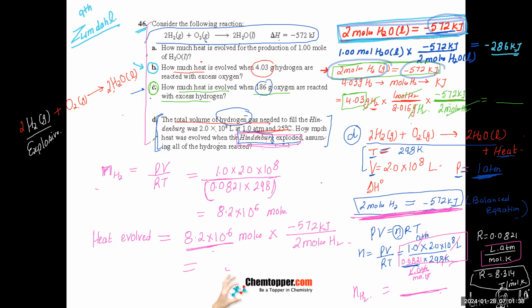This is what we have done: thermochemical equations applications, like how to convert moles to joules, how to convert grams to joules. Shrihan is giving us the answer. Can you put it in scientific notation with two significant figures?